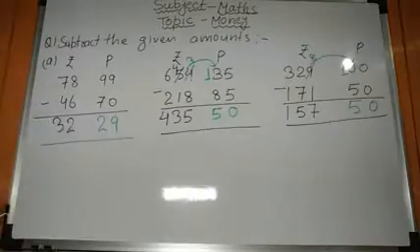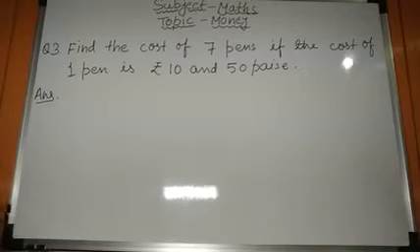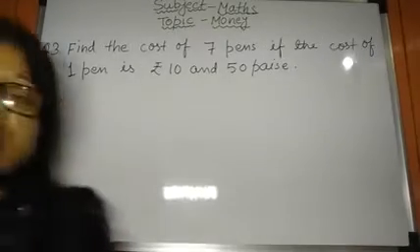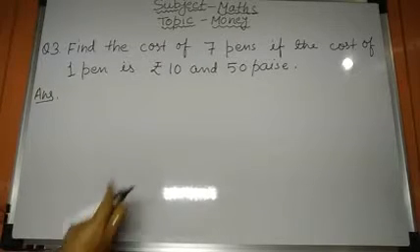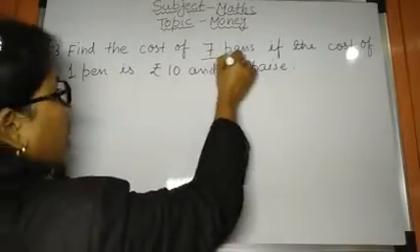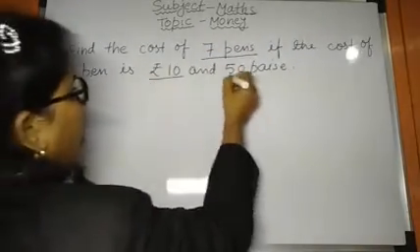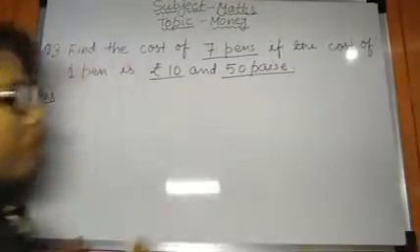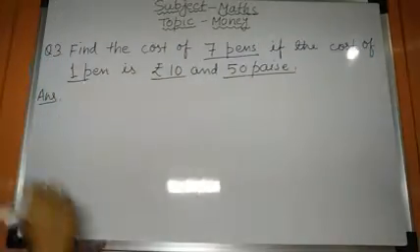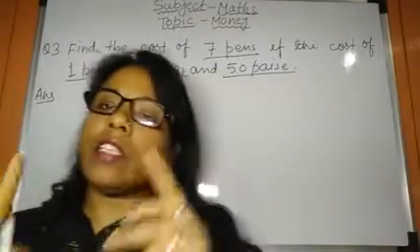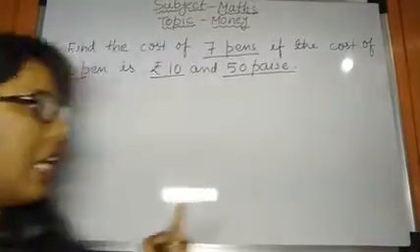Fine. The next sum I have taken is of multiplication. The question is, find the cost of 7 pens if the cost of 1 pen is rupees 10 and 50 paise. Keywords are here: 7 pens, rupees 10 and 50 paise, and the cost of 1 pen.